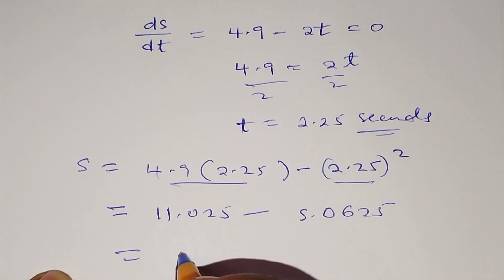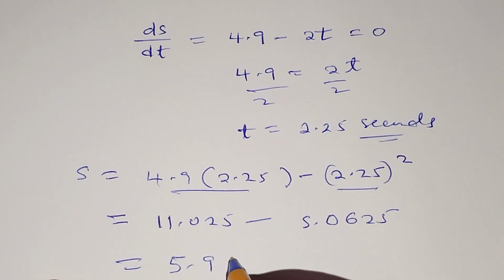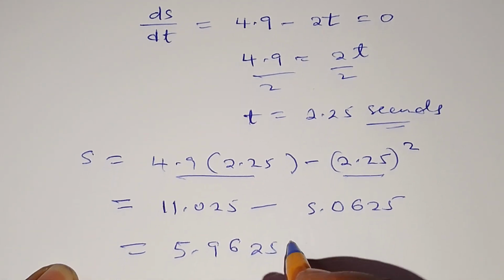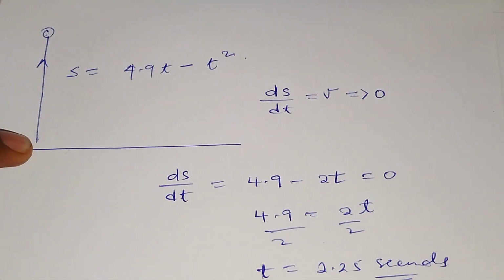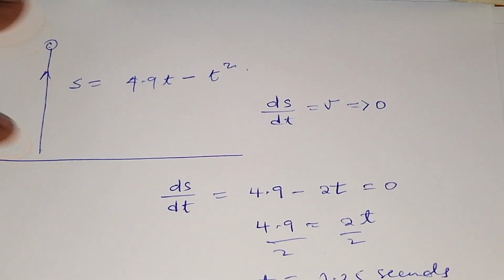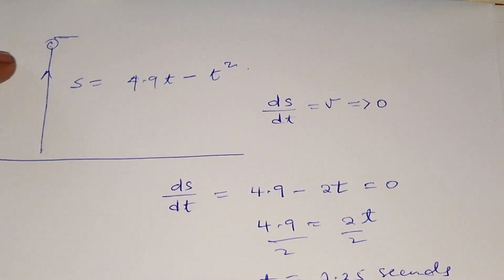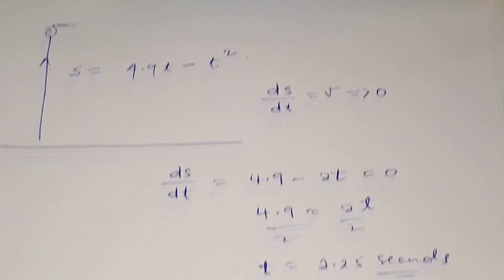So when you subtract, you're going to have 5.9625 meters. So this is the distance all the way from this point to the maximum point up here. So that's the answer for the first question.